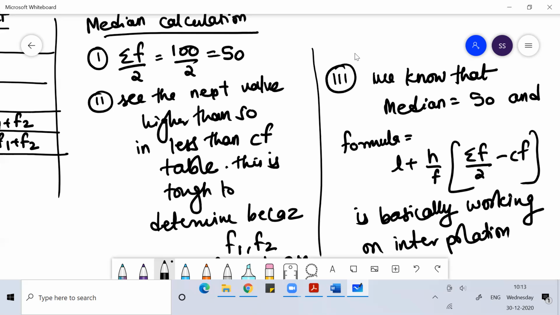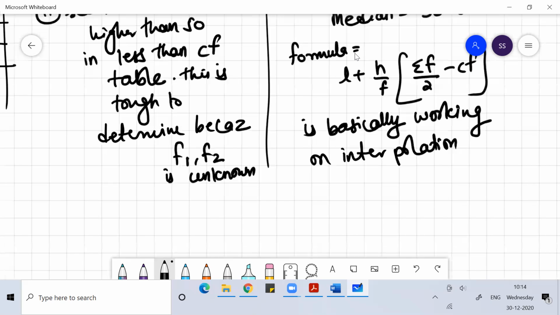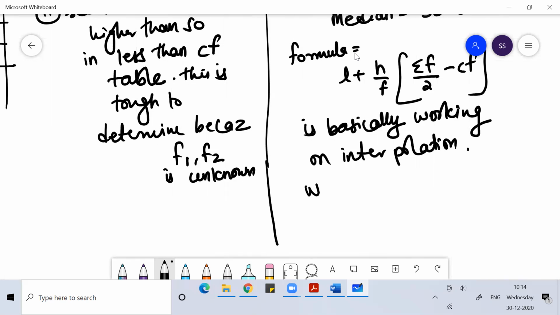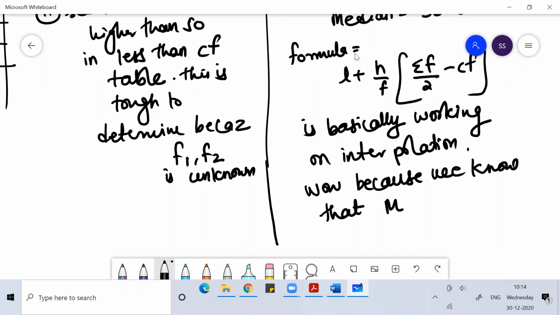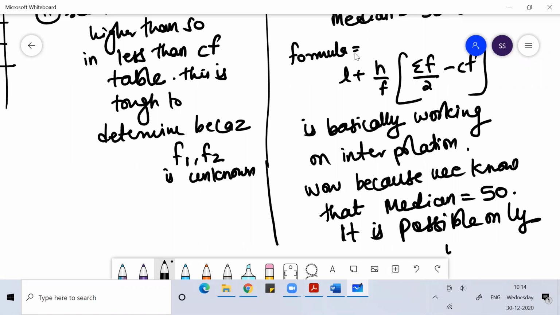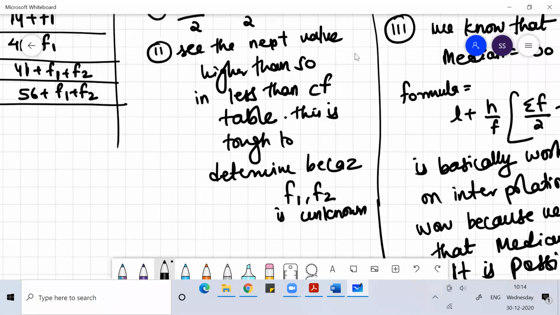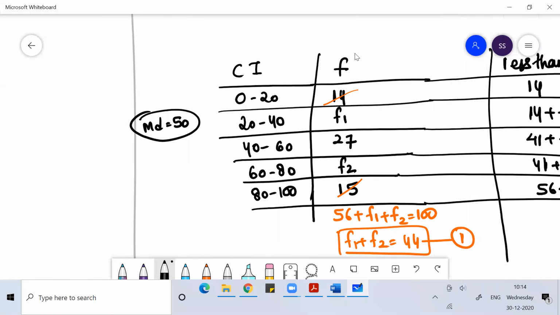Now because we know that the median is 50, this is possible only if the selected class interval is 40 to 60.